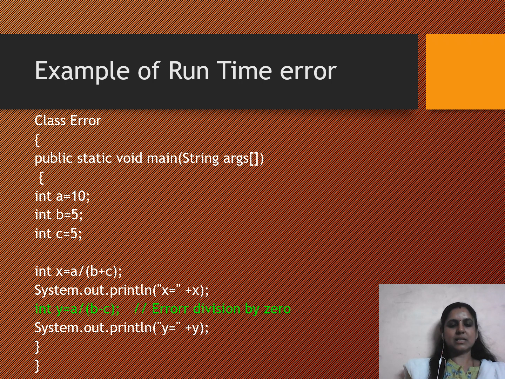But in the next statement, in green, I have shown int y equal to a divided by b minus c. Here we have 10 divided by 5 minus 5, so the denominator becomes 0. So it is 10 divided by 0, an error: division by 0. This is a runtime error.